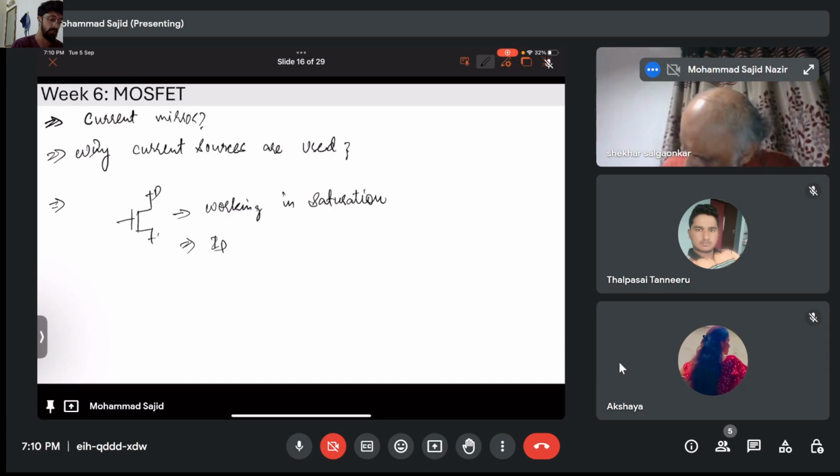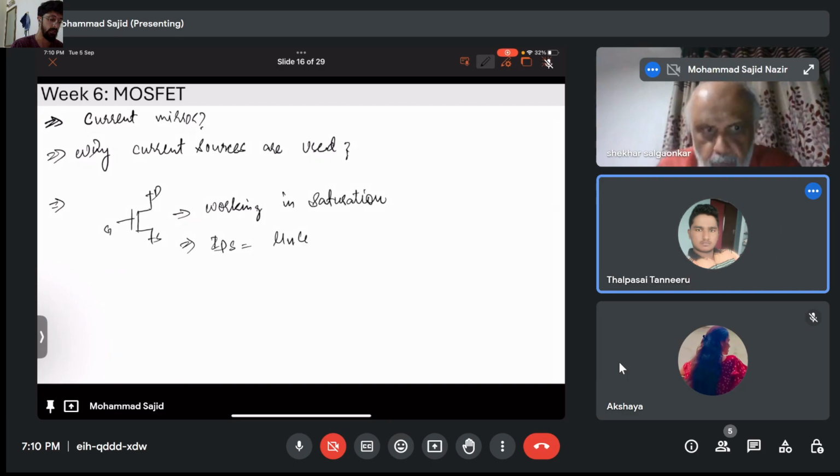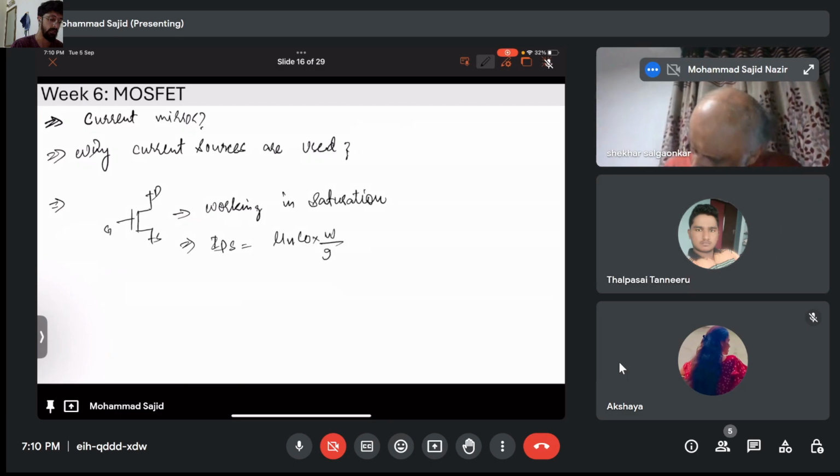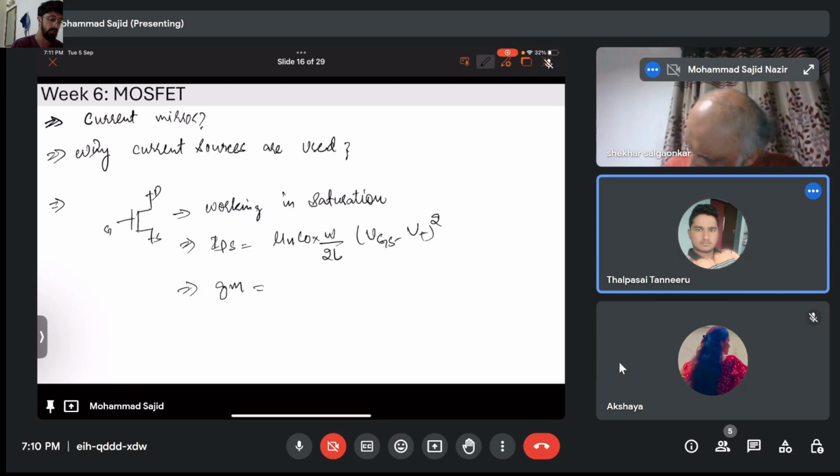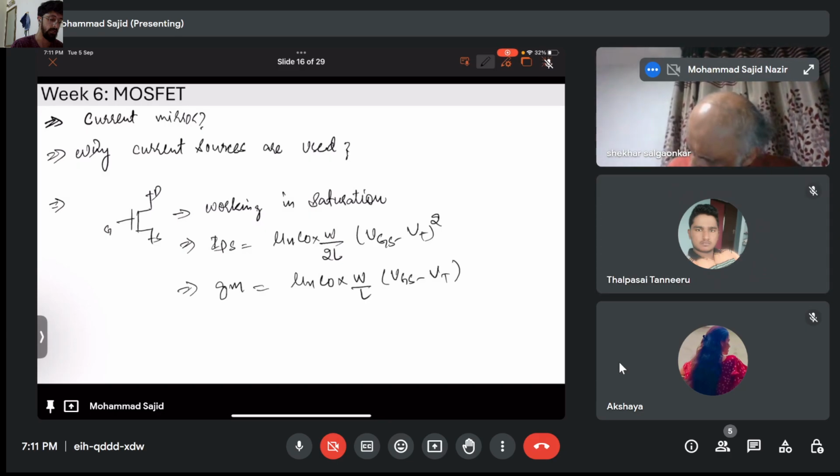This is drain, this is source, it is 1 by 2 mu n Cox W by L times VGS minus VT whole square. And what will be GM, ignoring the channel length modulation? GM is mu n Cox W by L times VGS minus VT. Right? So your GM directly depends on VT.